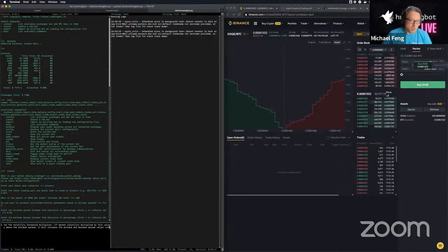So the next question, Paulo, is enter the volatility spread multiplier, and it says if volatility multiplied by this value is above the minimum spread, it will increase the minimum and maximum spread value. Yeah, this is something extra that we added when we created this strategy. Along with the adjustment of the spread based on your inventory and how much you have on your balance on each side of the trade.